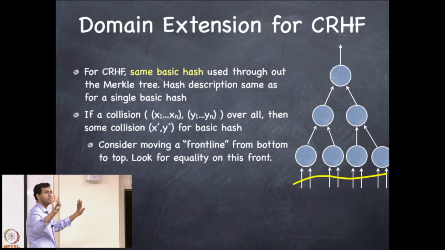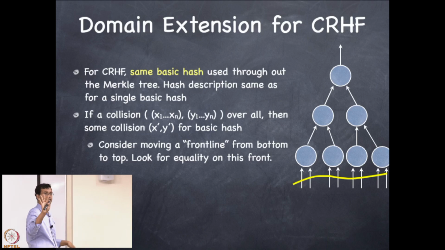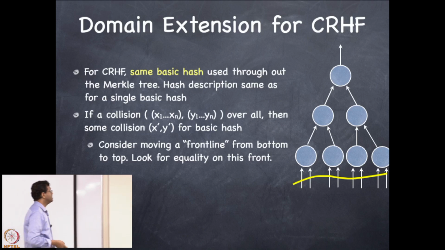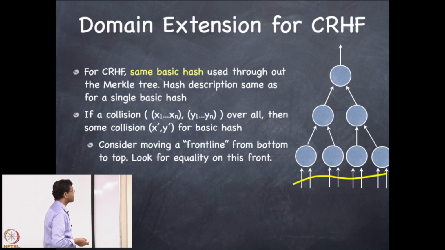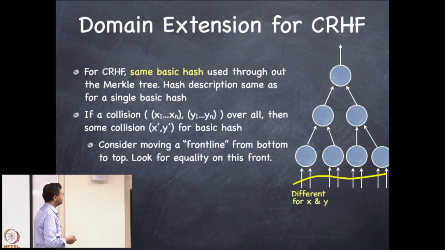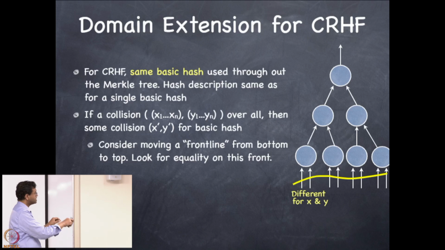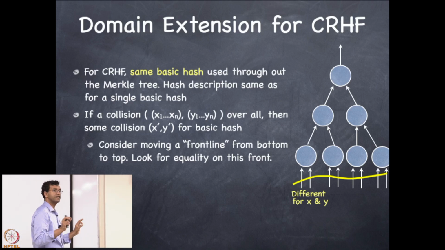I keep 2 copies of this tree, one evaluating the hash with x1 to x8 and another with y1 to y8. Now, x1 to x8 and y1 to y8 are different. The invariant I'm going to maintain is that in these 2 copies, if you look at the entire front line, they look different.